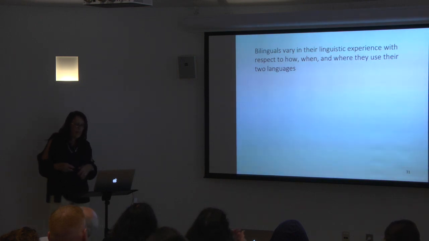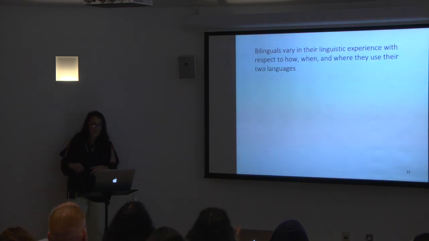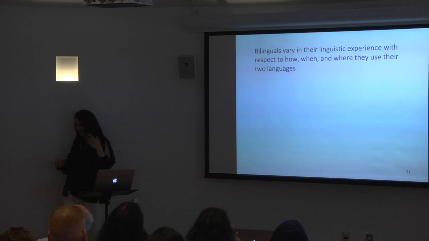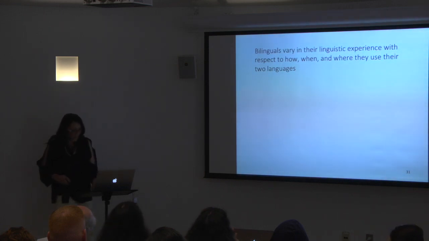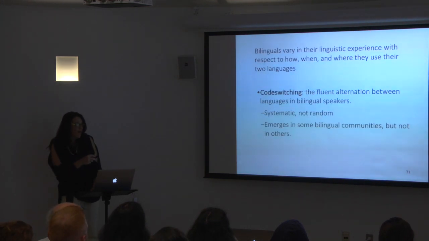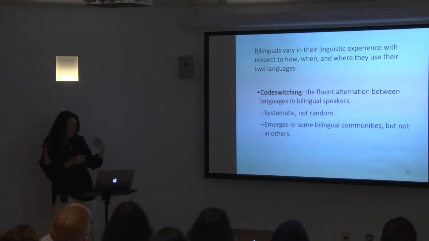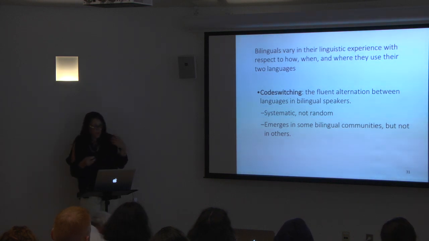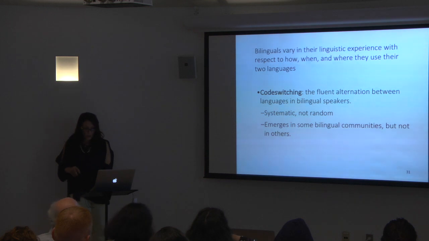So we know that bilinguals vary in their linguistic experience with respect to how, when, and where they use their two languages. I already talked to you about the fact that code switching is systematic and that it emerges only in some bilingual communities.